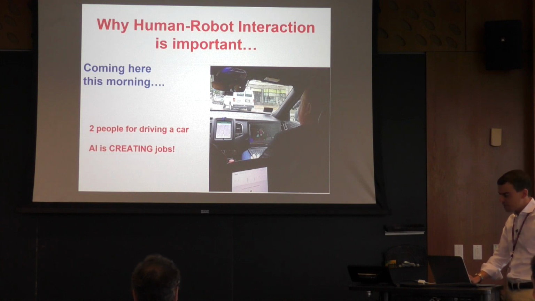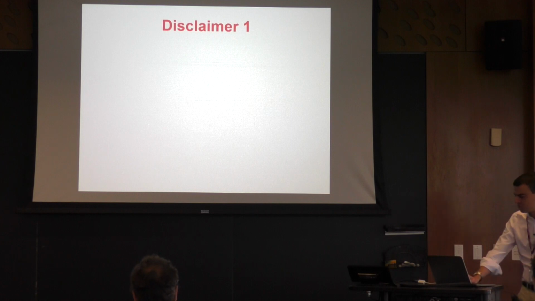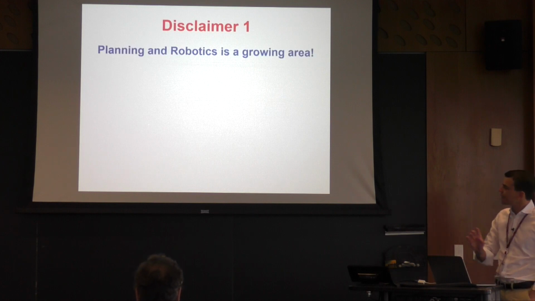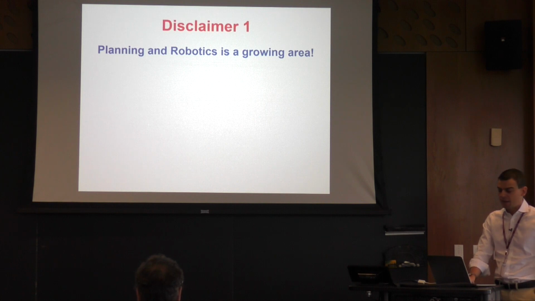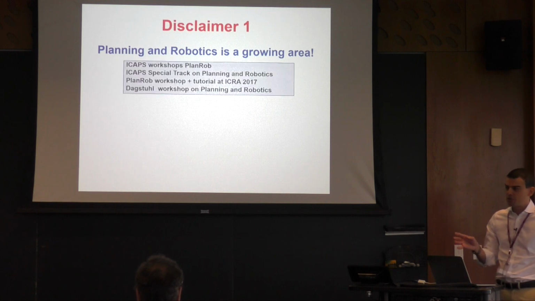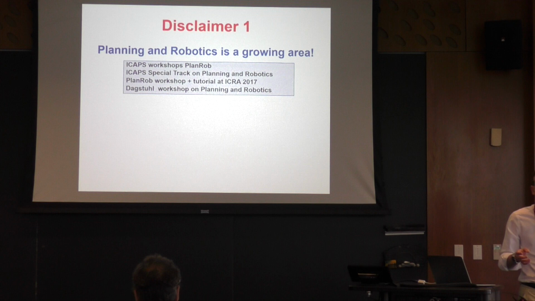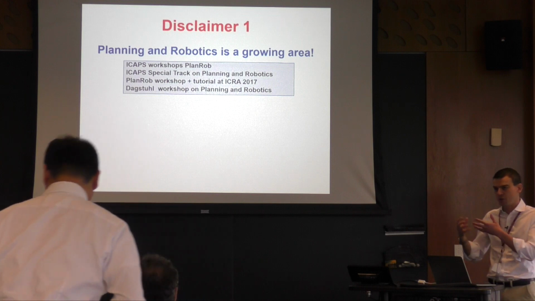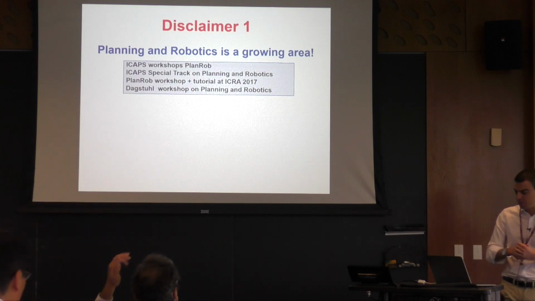A few disclaimers about this tutorial, just to set the context of what we are going to talk about. So first of all, planning in robotics is a rapidly growing area. And there are also many initiatives in the planning and robotics community to try to foster the synergy between the two areas. So workshops, special tracks, not just at ICAPS, but also in the robotics community, like ICRA and IROS.